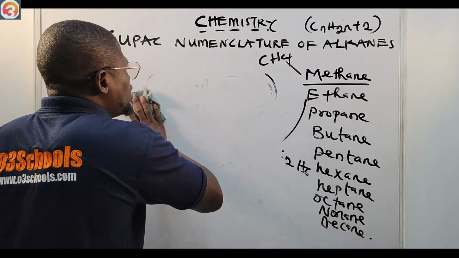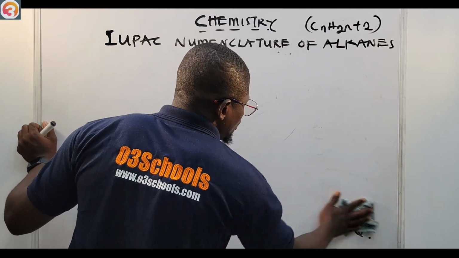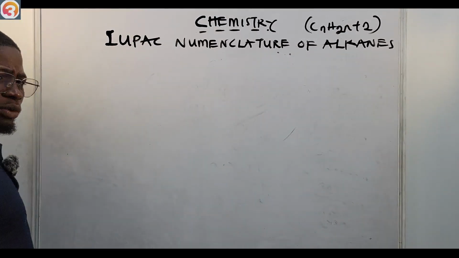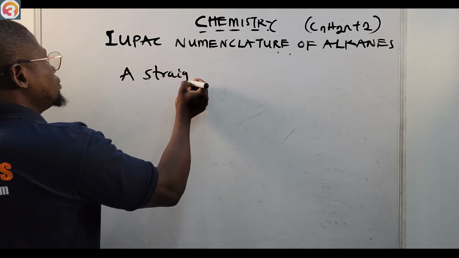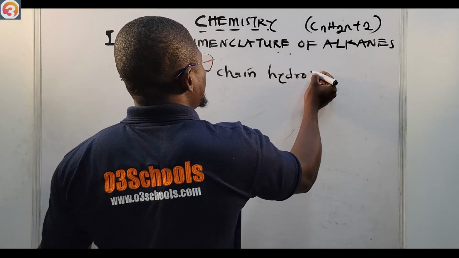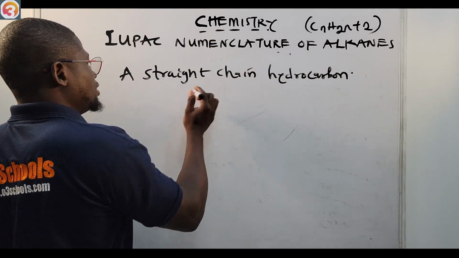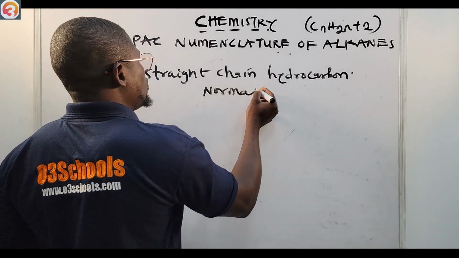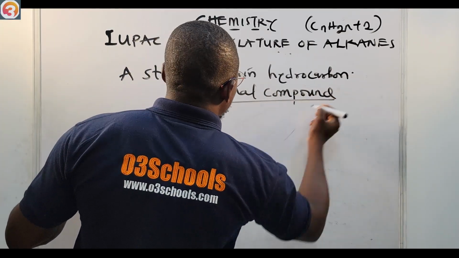Then of course, under the trivial system, we know that a straight chain hydrocarbon is called a normal compound. So that's why, in the course of this study, you may hear us say n-octane or n-heptane, that is, normal octane, normal heptane. This is a straight chain hydrocarbon.